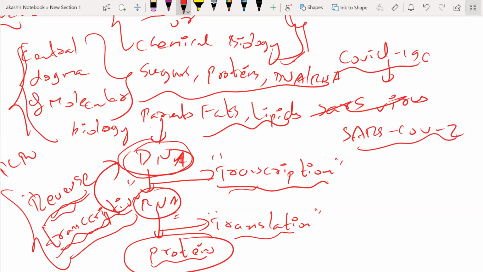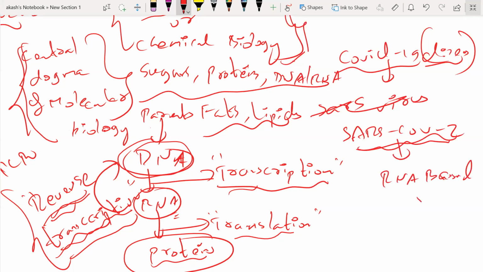COVID-19 is the disease name, and what causes the COVID-19 disease is this virus SARS-CoV-2. Now, this is an RNA-based virus.